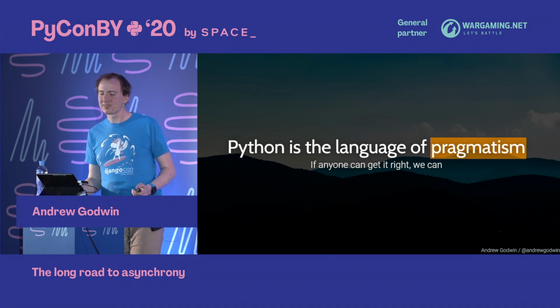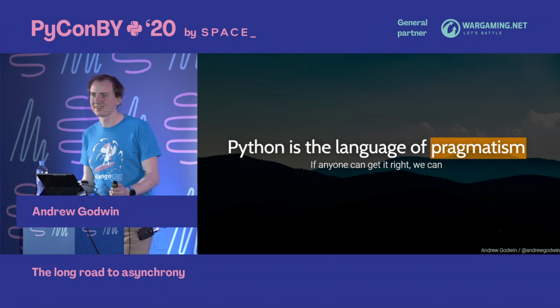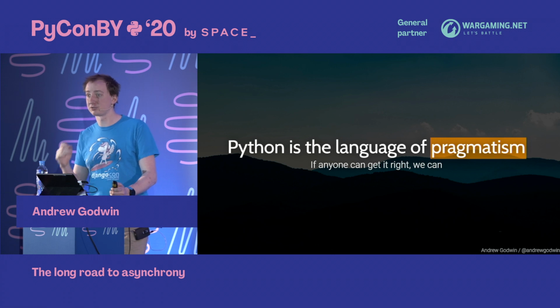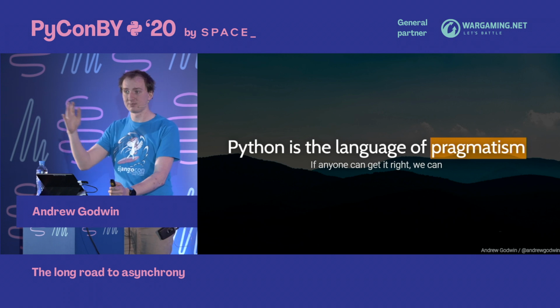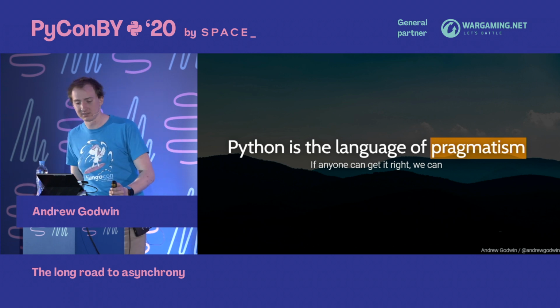I feel like Python's whole goal in life is to be pragmatic. It's to take problems and go, well, how do we solve this in a way that works for the normal programmer, right? It's not research. It's not doing it with infinite time, because I doubt any of us have had infinite time to write programs. If you have, please let me know, because it sounds amazing.